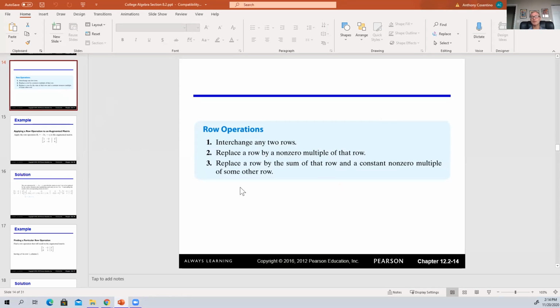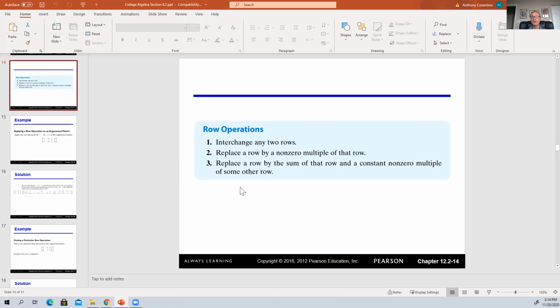What does that mean? You could take any equation and multiply it by a non-zero number. And then you could add two rows together and replace that row. That's exactly what we did in the elimination technique when we had X's and Y's in there to be able to do those calculations.